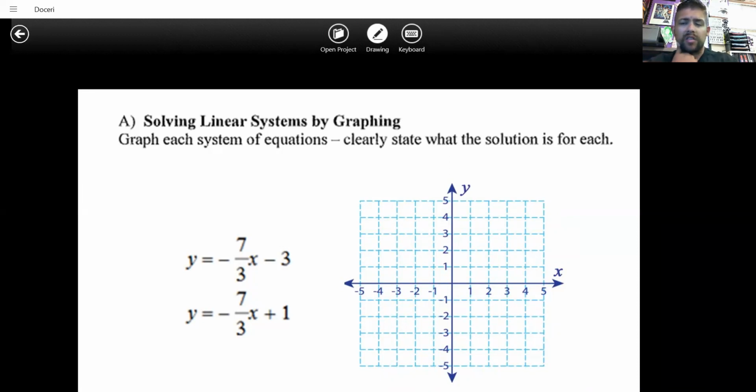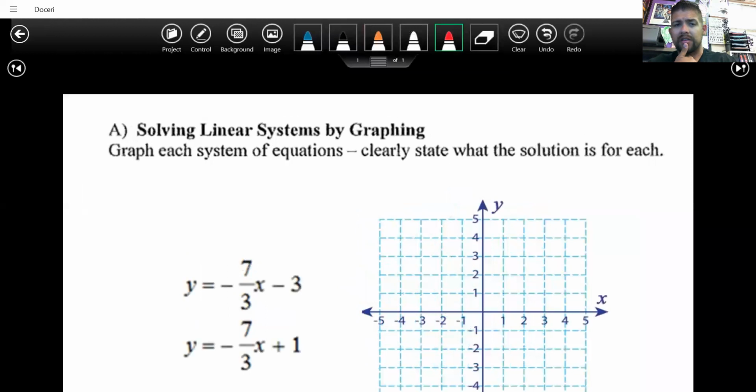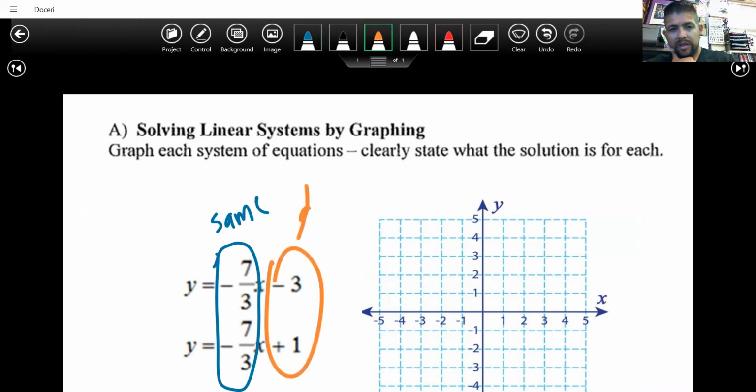So I'm already suspecting something, whether it be a no solution or many solution. These two are both the same. But the back part we have is different. Okay, this would mean that we'd have no solution.